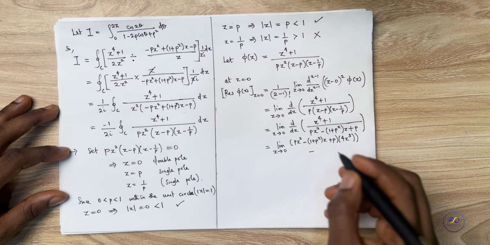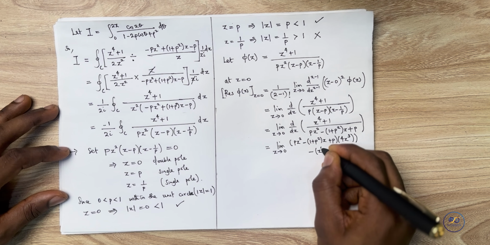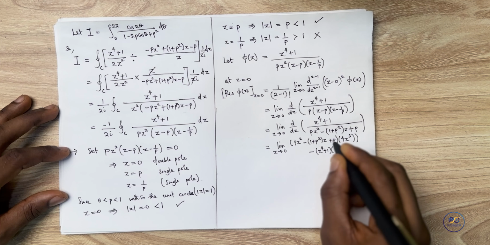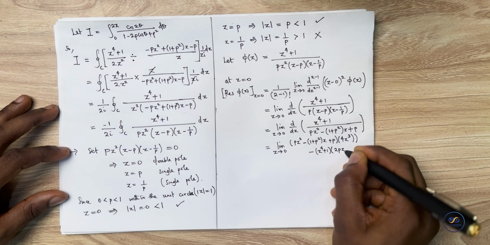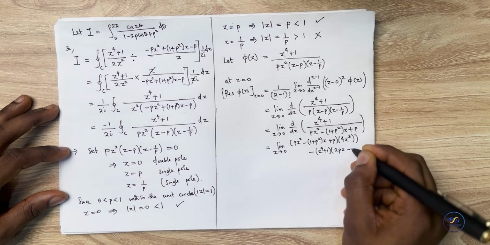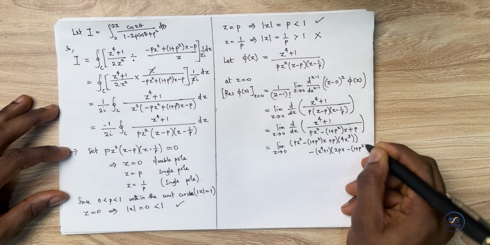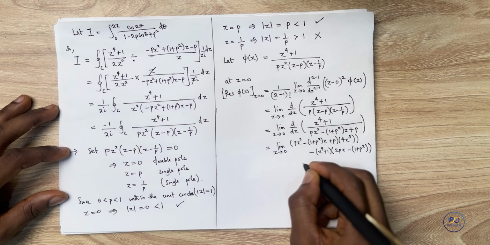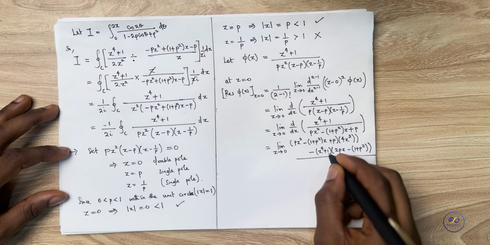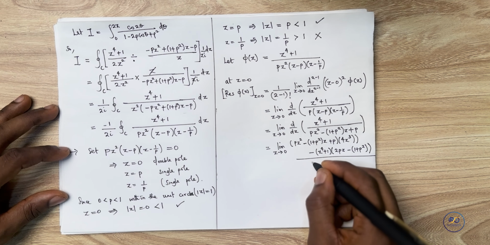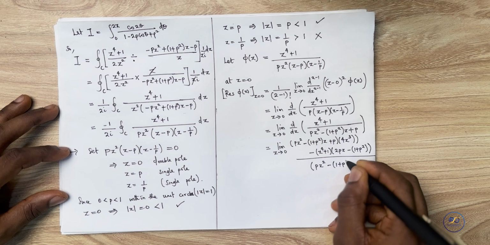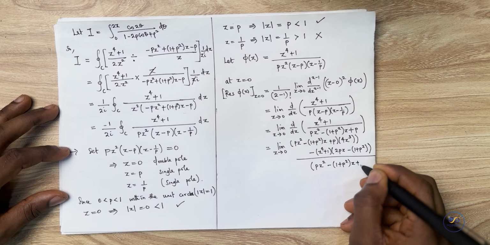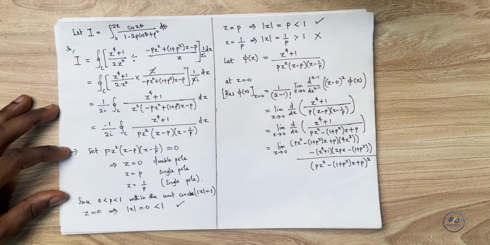You have minus udv, which will be 0 to the power 4 plus 1, then multiplied by the derivative of the denominator, which will then become 2pz minus 1 plus p squared. And all of this would be divided by the square of the denominator, which is pz squared minus 1 plus p squared z plus p, all squared.